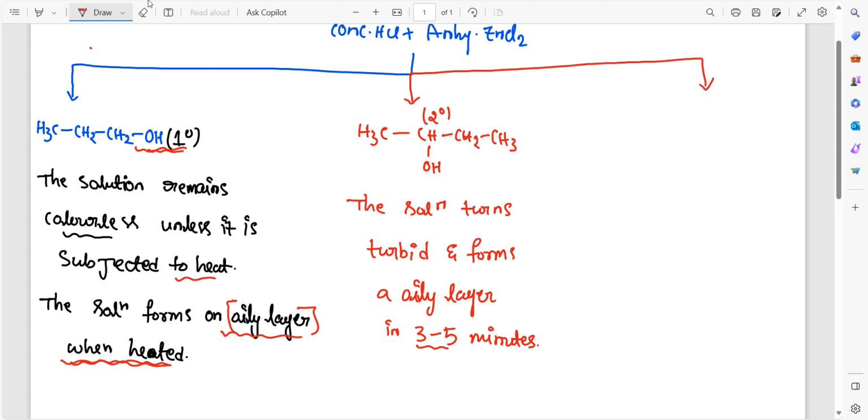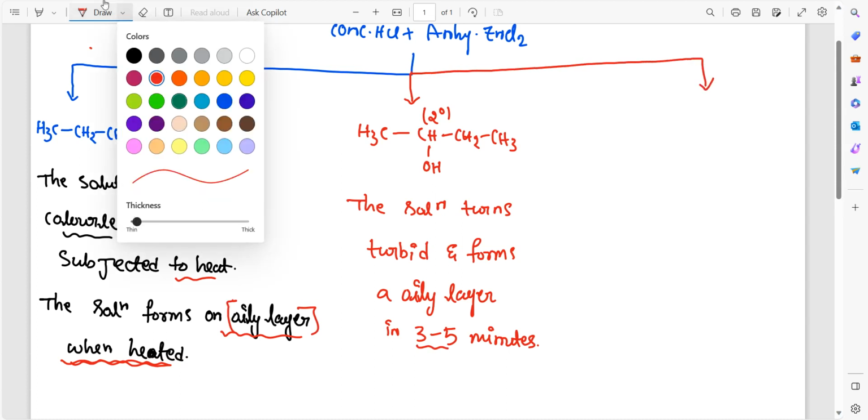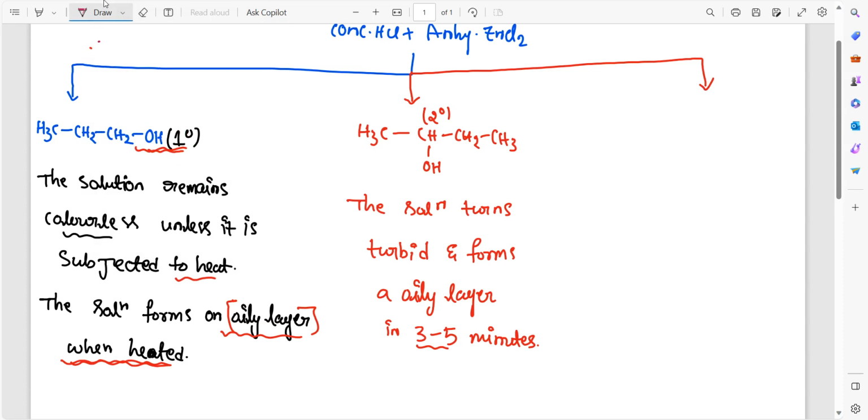Now let us see how this reacts with the tertiary alcohols. We can take a tertiary alcohol example, CH3 bond C bond OH bond CH2 bond CH3 bond CH3.